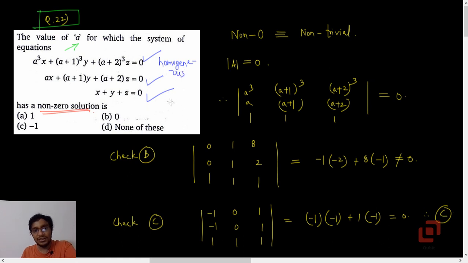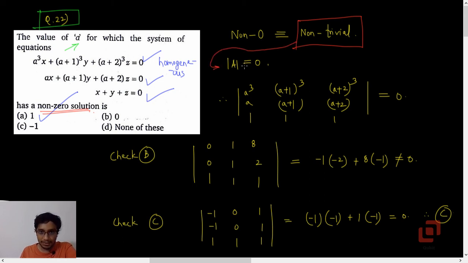Homogeneous systems of equations always have at least one solution, and that solution is 0, 0, 0. But they may have non-zero solutions. Those non-zero solutions are called the non-trivial solutions, again a term from linear algebra. And the condition for the non-trivial solutions is that the determinant of A is 0.